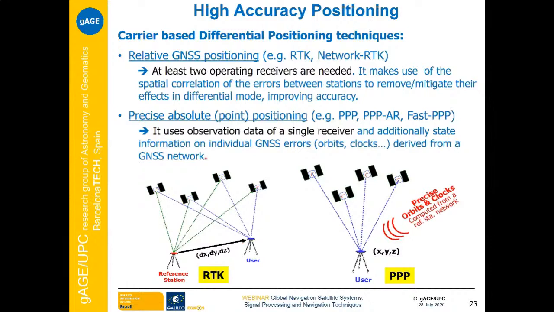Well, then relative positioning is illustrated with this figure. We need a reference station and a user receiver, and precise absolute point positioning, PPP, is illustrated in this figure.